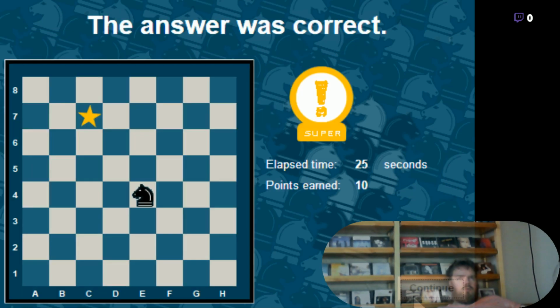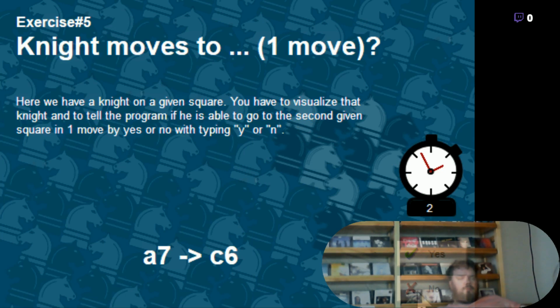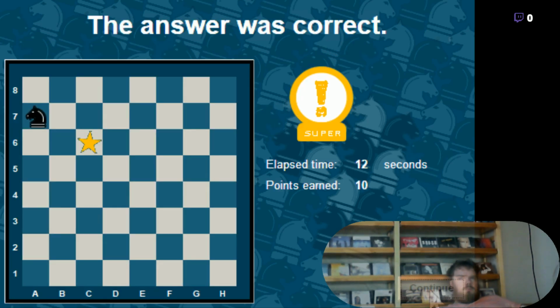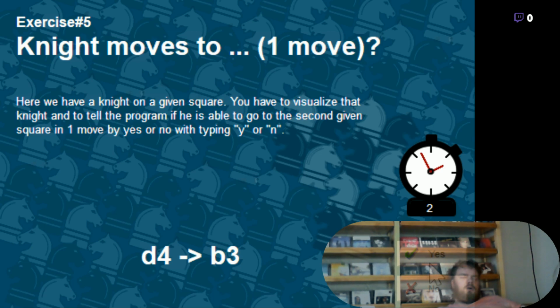It seems they're not close enough to me. h7 is a dark square, c6 a light square, and it seems they can jump from d4, that is this dark square, to b3, seems like a knight jump. f7 is a dark square, c5 is a dark square, but they seem too far apart. a4 light square, f6 seems too far away.